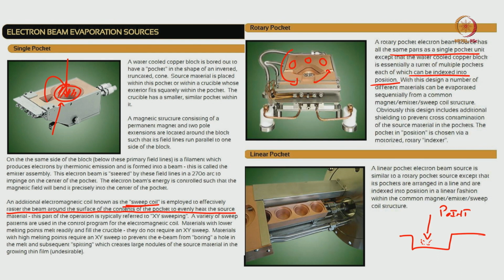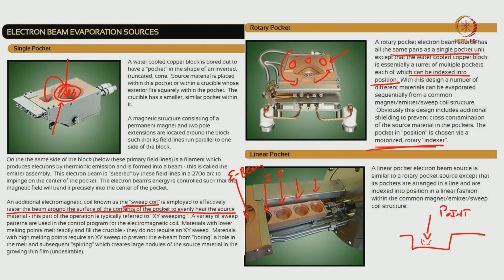Obviously, these include additional shielding to prevent cross contamination, which is here. Like I said, this is a shield, and the pocket position is chosen via a motorized rotary indexer. The linear one also has four pockets, 1, 2, 3 and 4, and whichever you want, you just bring it here. This is where the electron beam would be.